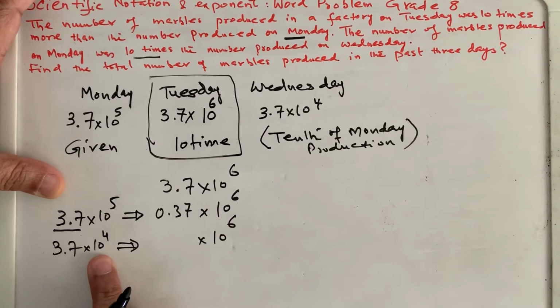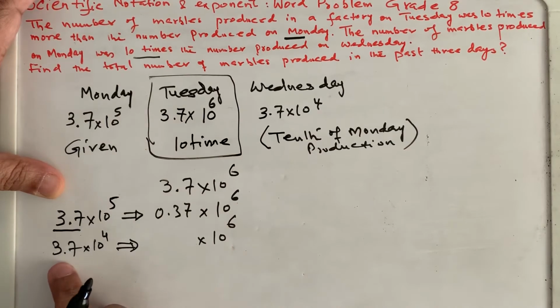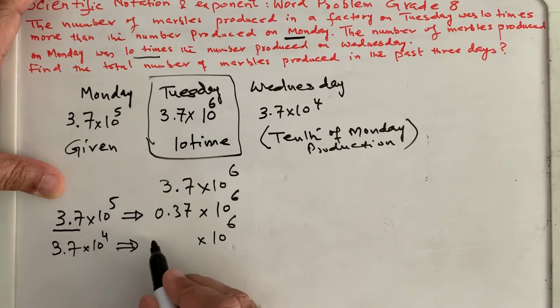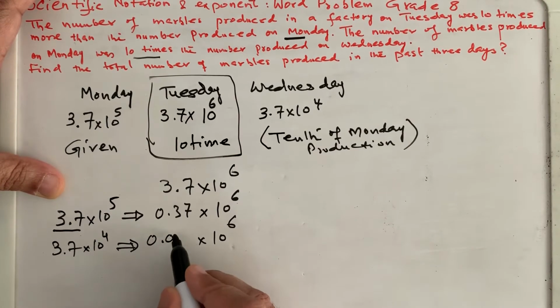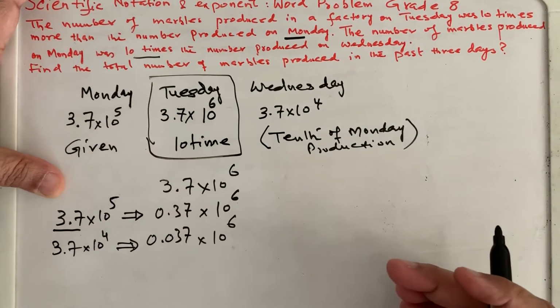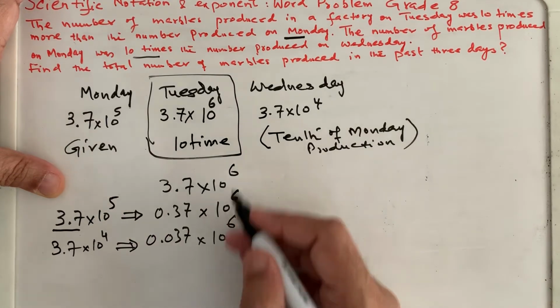That means I have increased it by 100. So I have to divide 3.7 by 100 to get 10 to the power 6. My decimal point will be here, 0.037. Right? Now all these three productions are in the exponent 10 to the power of 6.